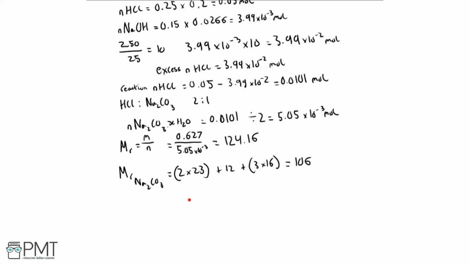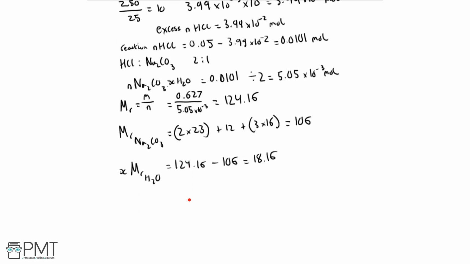So we can then find the value of what's left of the MR as what is xH2O. So x times the MR of water is going to be the total MR, that 124.16, subtract the part of the MR which is the sodium carbonate, so minus 106, which gets us a value of 18.16.